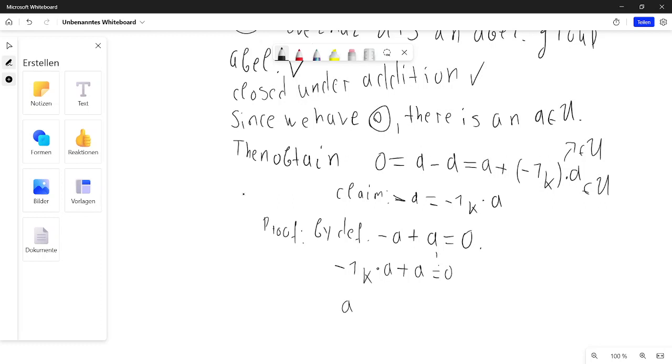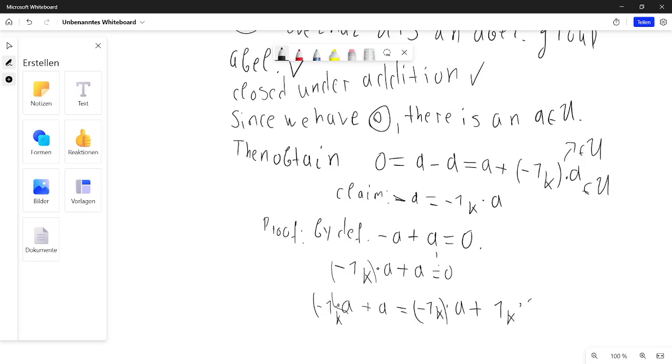This minus 1k multiplied by a, and I mean, of course, that should give proper notation, plus a gives that plus that.